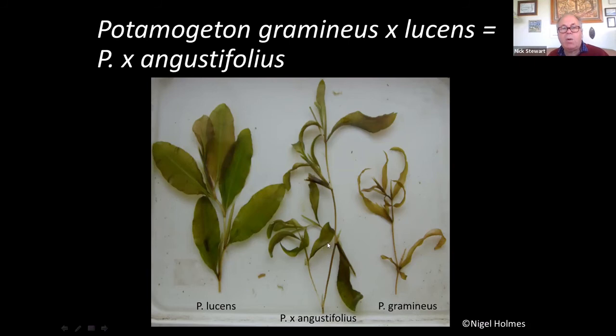It tends to be quite large and glossy-leaved like lucens, but the stipules of lucens are long and often keeled, whereas stipules in the hybrid tend to be smaller, but not usually as small as those of gramineus. And they don't have any keel to them. And the other thing is that lucens has a short stalk to the leaf, whereas the hybrid doesn't. So none of the leaves would be stalked.